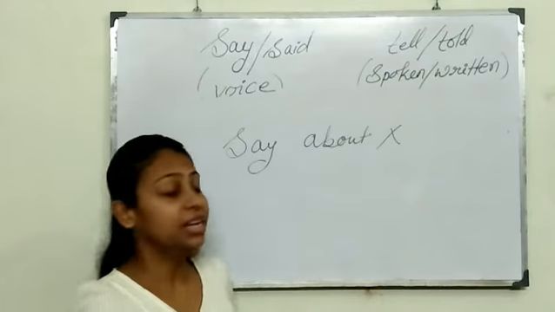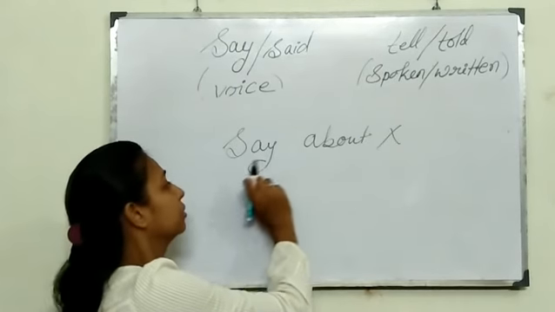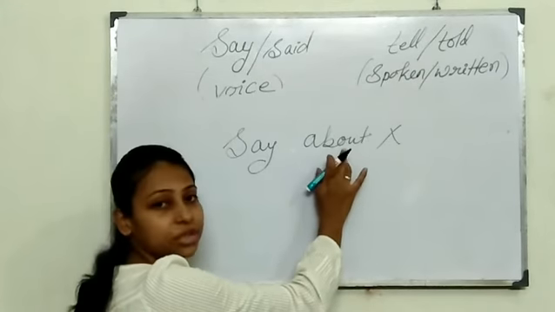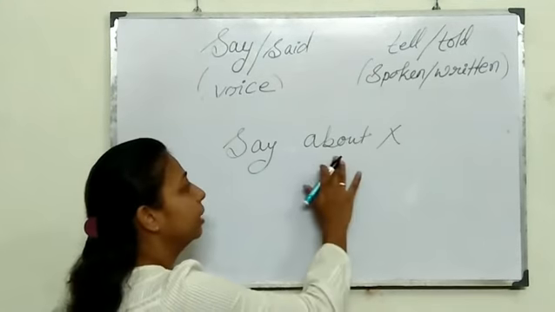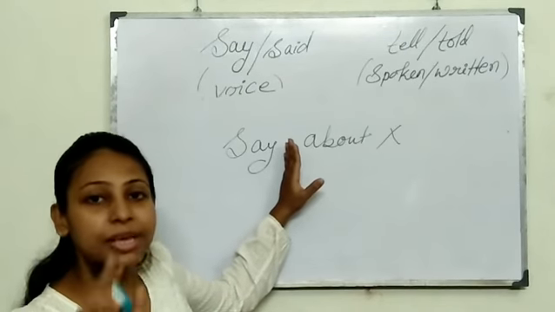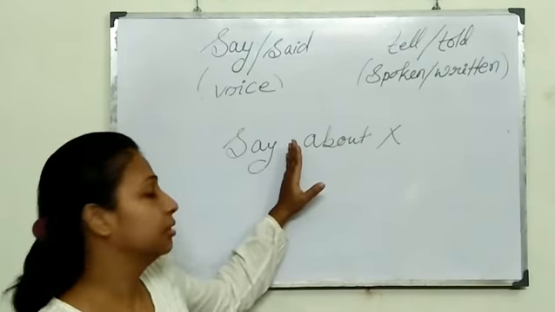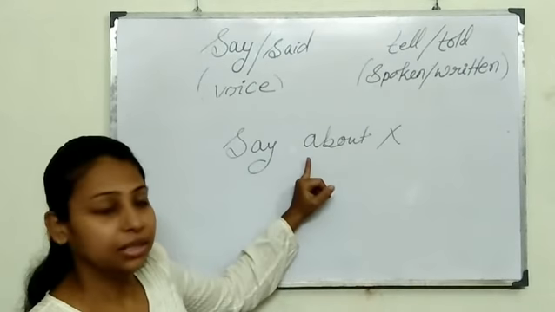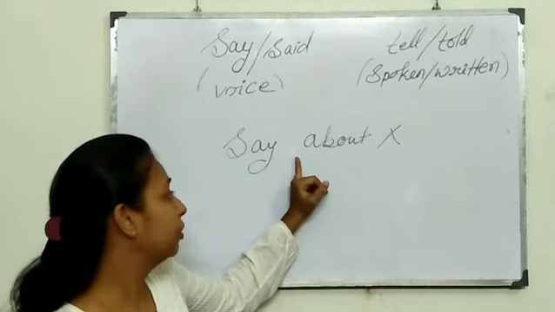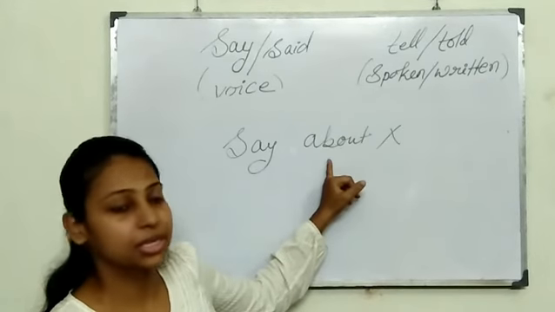You have to add something in between say and about. Say के बाद about directly use नहीं किया जा सकता. Say और about के बीच में हमें something word add करना होगा.